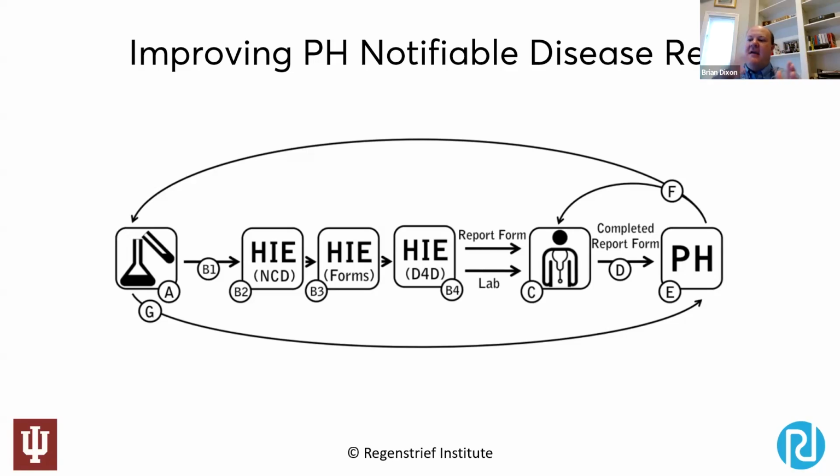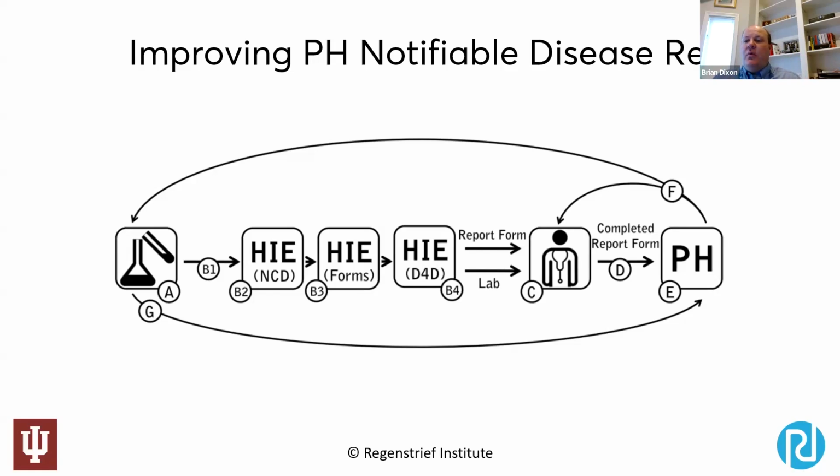But then they report data up to CDC. So our goal in Indiana is to get it to the state health authority, and then they will pass it on from there. So we think about using the HIE as a utility to move that data to the state health department.